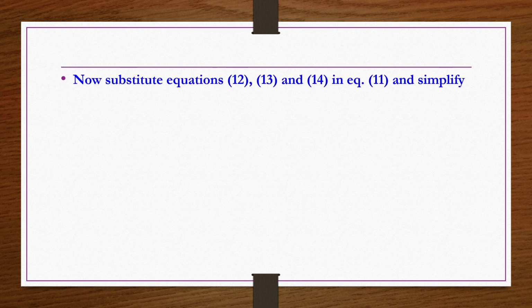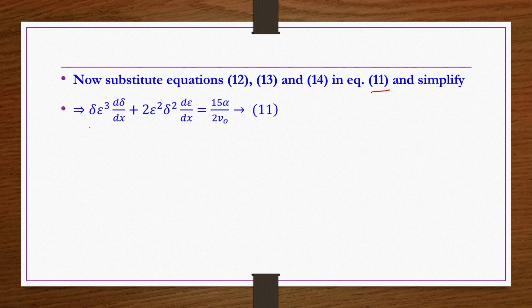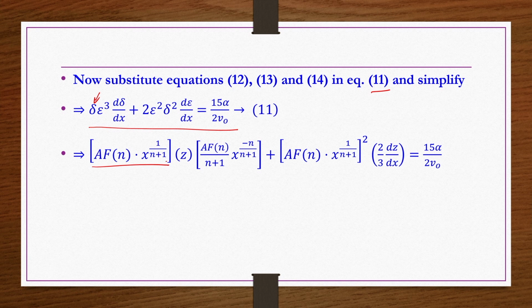So, now we have all the quantities to substitute in equation number 11. Those equation numbers 12, 13, 14 we are going to substitute in equation number 11. This is equation number 11. Delta is A Fn x power 1 by n plus 1, we are writing as it is. Epsilon cube is nothing but z.